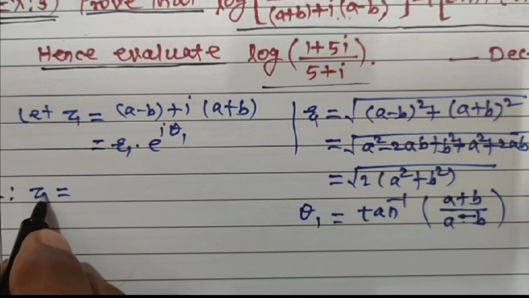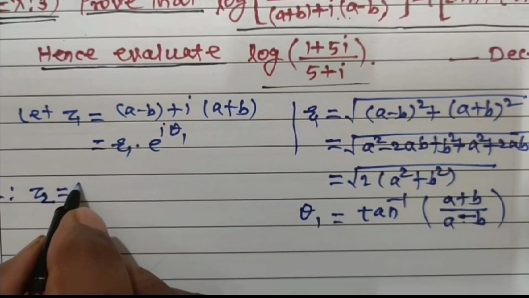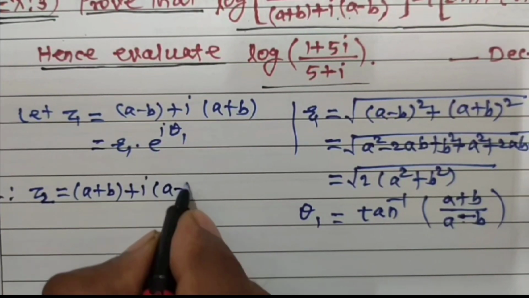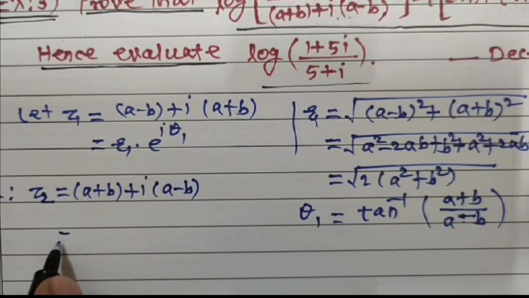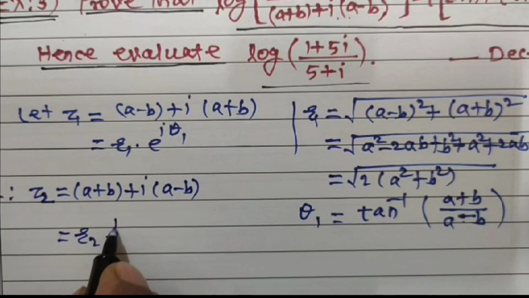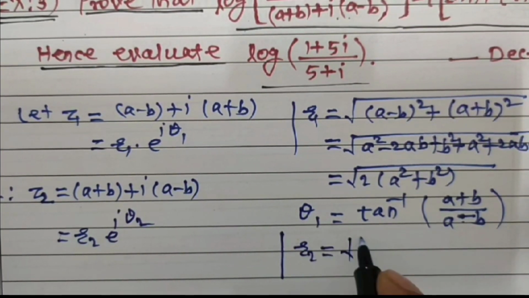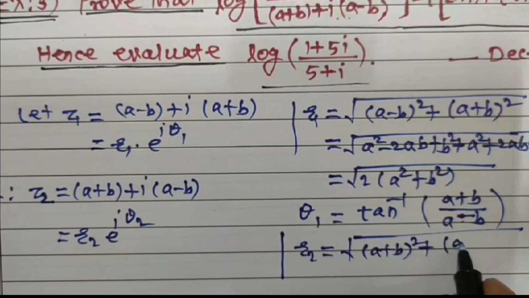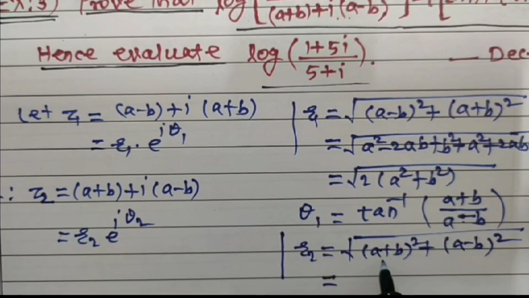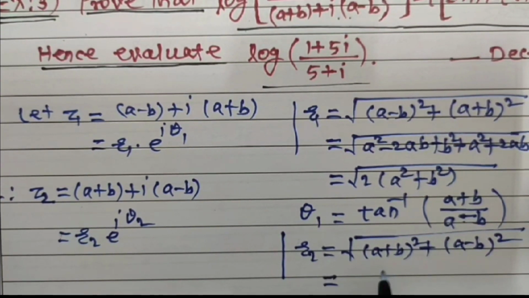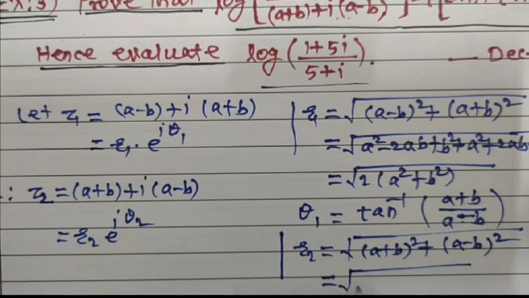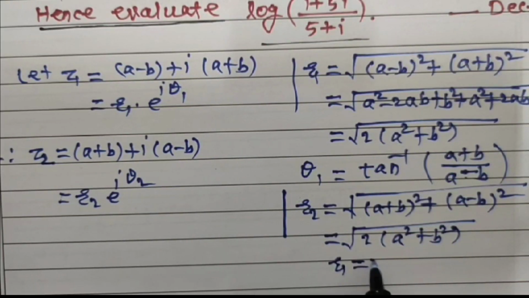Now let Z2 is equal to a plus b plus i into a minus b. Then this is equal to suppose R2 e to the power i theta 2. Now here R2 is nothing but square root of real part a plus b, its square, plus imaginary part a minus b, its square. Expand these two brackets, then that gives here also square root of 2 times a square plus b square, means R1 is equal to R2.